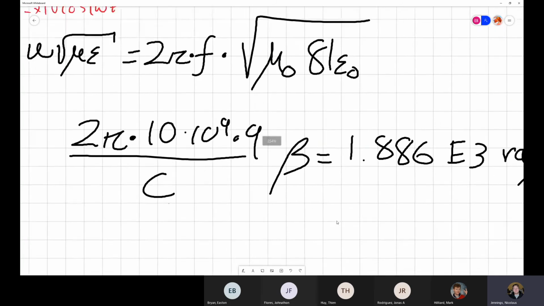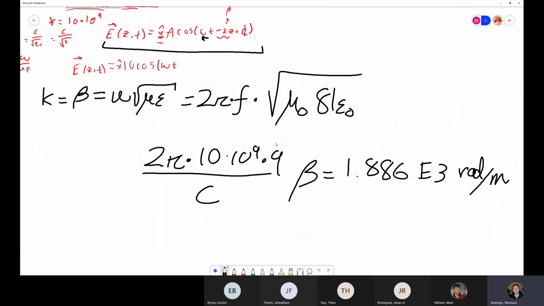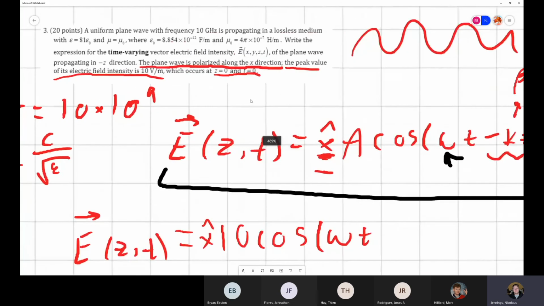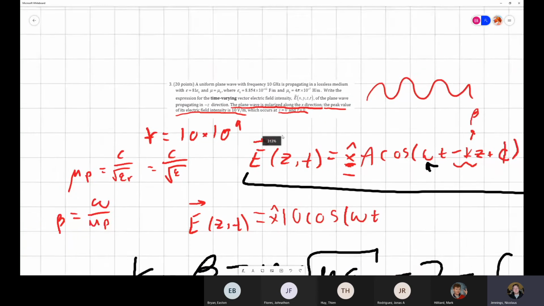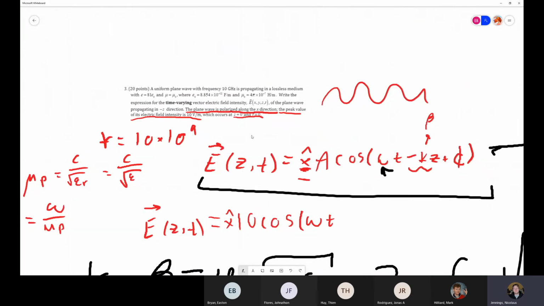Okay, we can plug that value in for k right up here. Then the next thing is the phase offset. What we have to realize is we can just plug in z. If we're told z equals 0, then we can cancel out this term. I'll erase all this later.